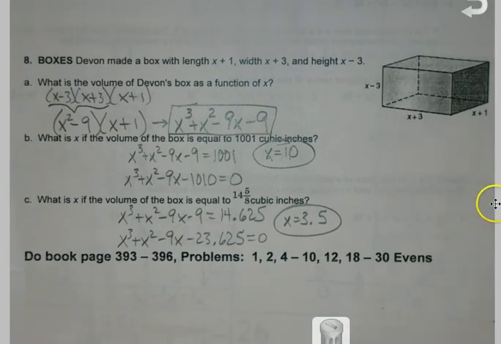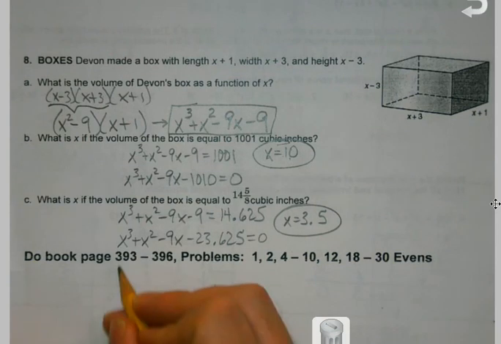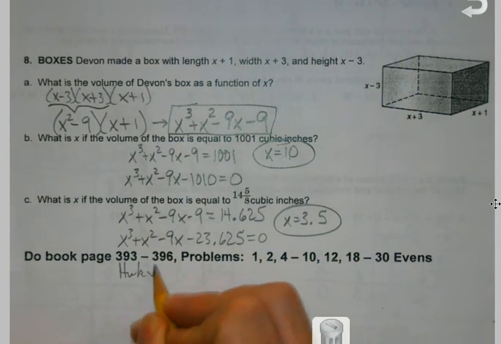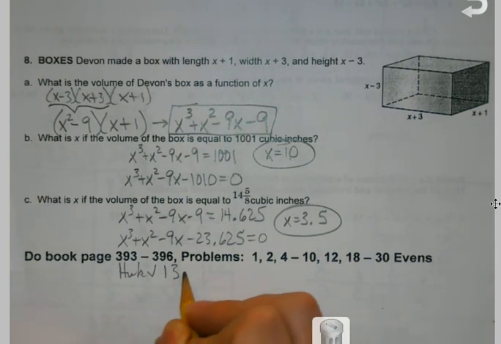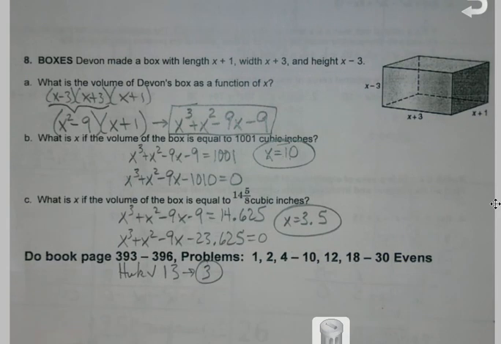So here's how this will work for us going towards the end of the week. This will go in homework check 13. If I am using my brain properly, yes, this would be assignment number 3.